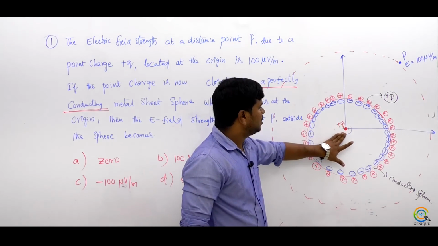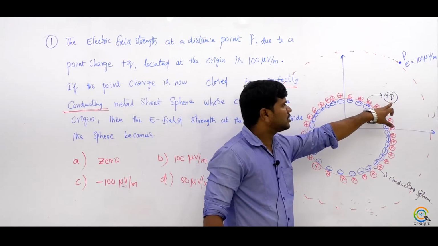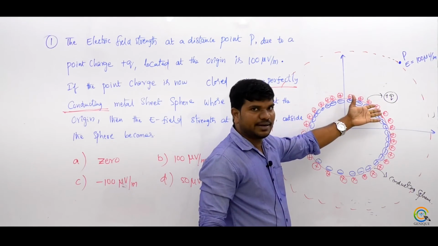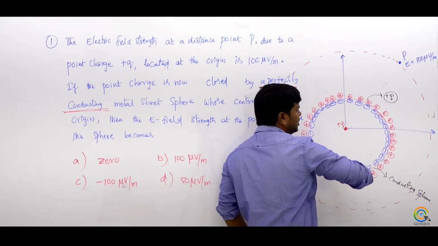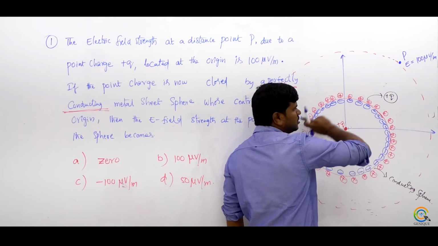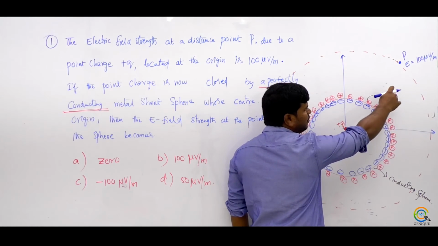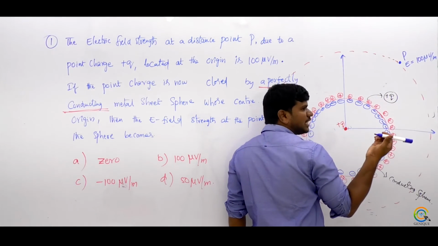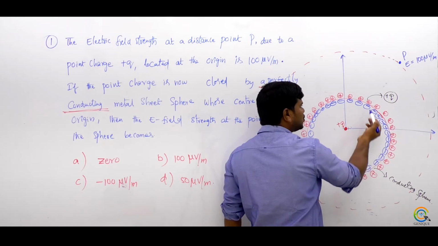See, observe this. So what is that net charge? It is plus q. So if there is a sphere, there is no effect here. Due to this entire charged sphere, the sphere is now charged plus q. So now what will be the electric field? The electric field will be the same, because the total charge is q on this.